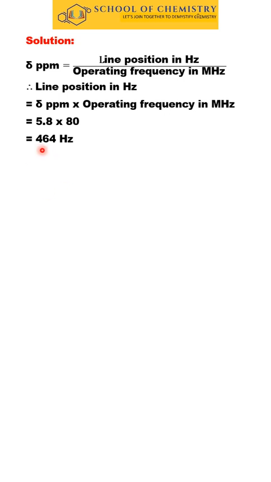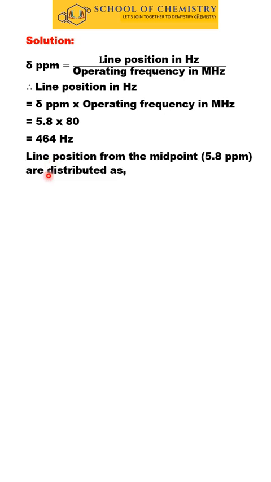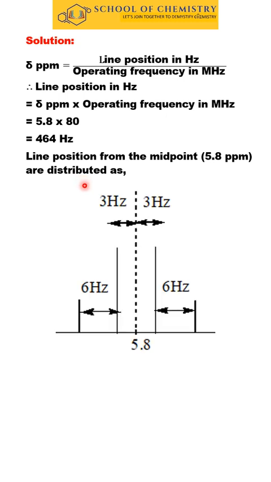So this indicates the peak position if it was unsplit. Now what is asked is the line positions of the quartet, that is, the line positions in hertz if the peak has split into a quartet, as has happened now. If we look at the diagram, we can understand things in a clear manner.